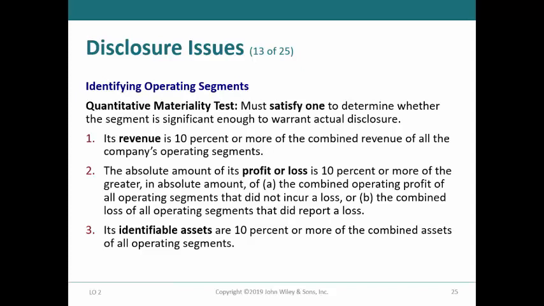The absolute amount of its profit or loss is 10% or more of the greater in absolute amount of either A, combined operating profit of all operating segments that did not incur a loss, or B, the combined loss of all operating segments that did report a loss. The last test is that the segment's identifiable assets are 10% or more of the combined assets of all operating segments. We will have an example of the use of these three tests to better explain them.